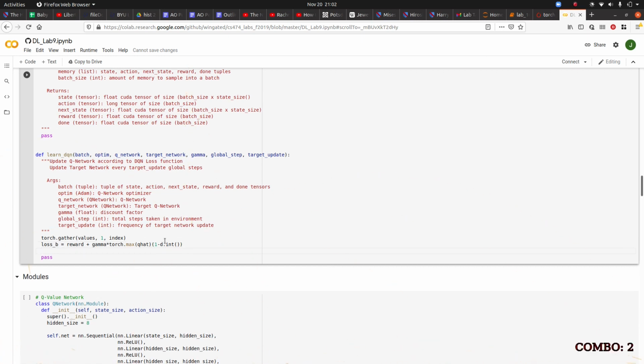And then finally, your overall loss is equal to the torch.sum of loss A minus loss B squared.